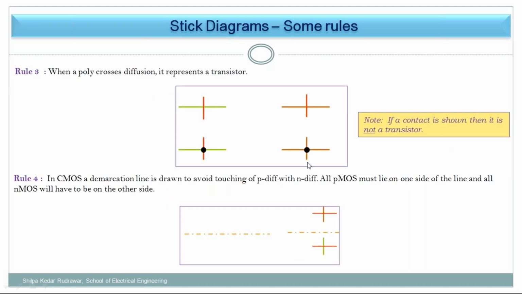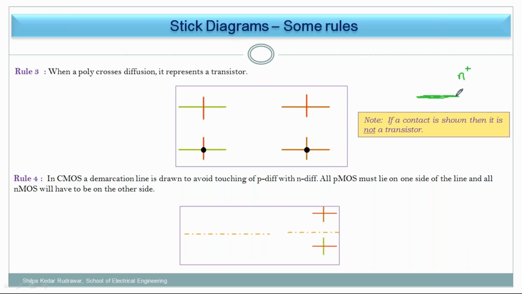Four rules are there. Now see. As I told you, in a transistor, green color denotes the N plus diffusion. Now suppose this is my N plus diffusion, and I need to draw the transistor.